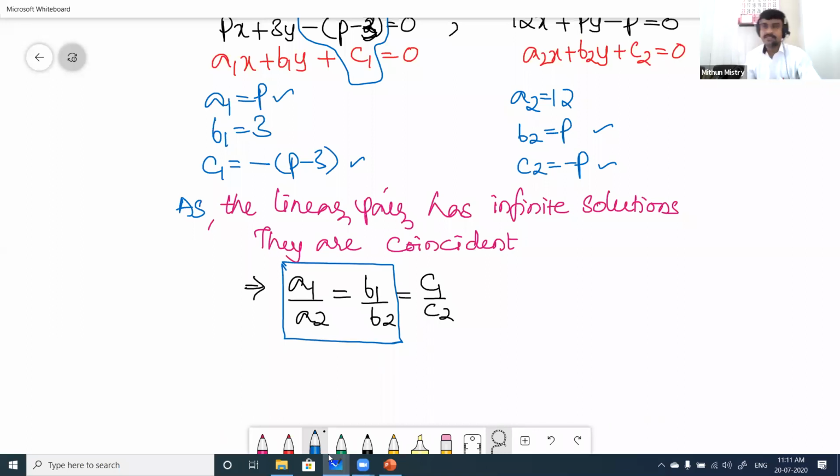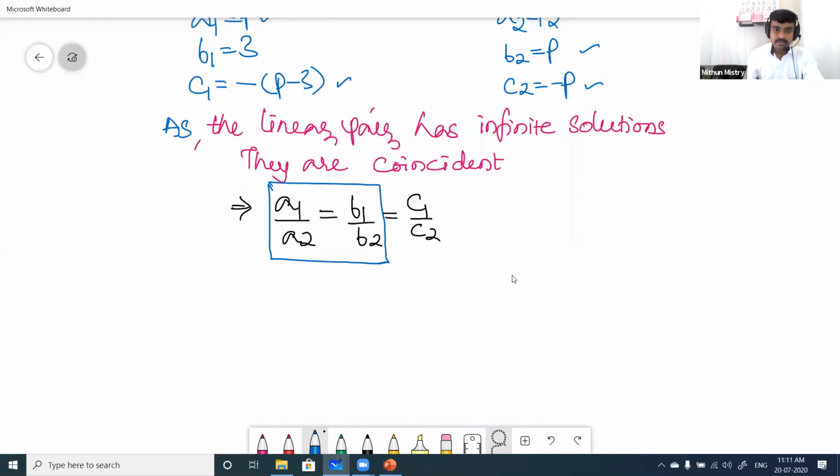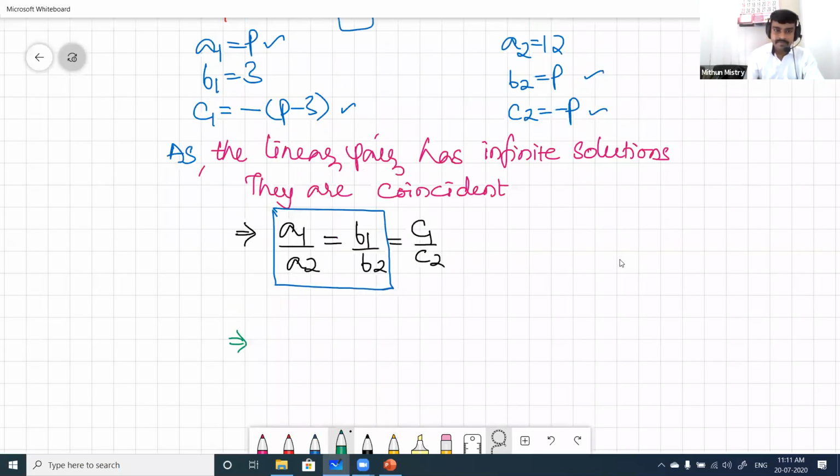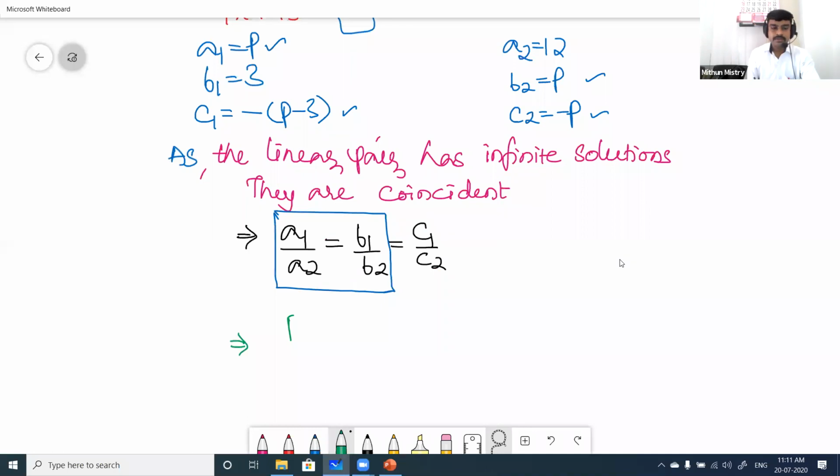Both will fetch you the same answer, need not worry. So I am taking the first one. Oh sorry, I should write: consider A1 by A2 is equal to B1 by B2. First we should write, then only you should go further.